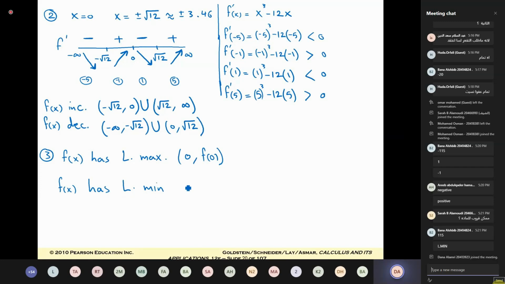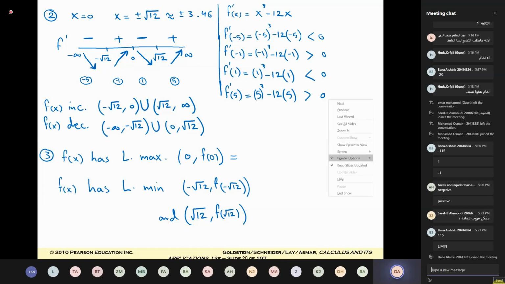The first point is minus radical 12 and f of minus radical 12, and radical 12 and f of radical 12. We found it at f is 0, this is critical.